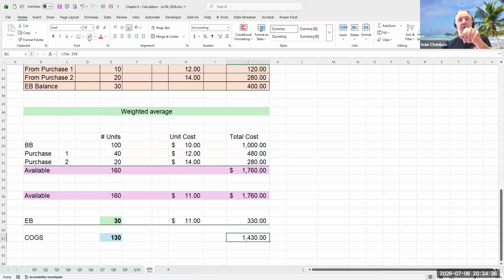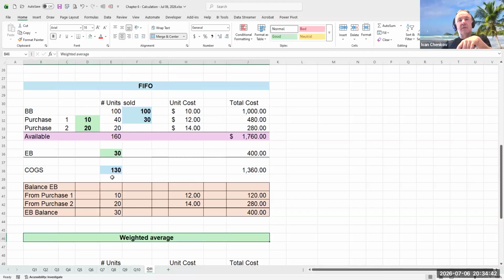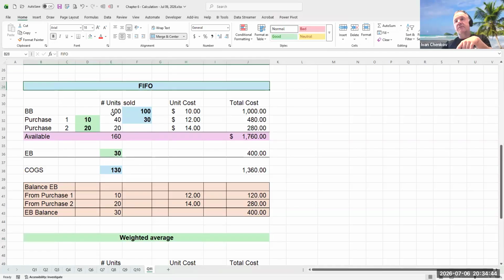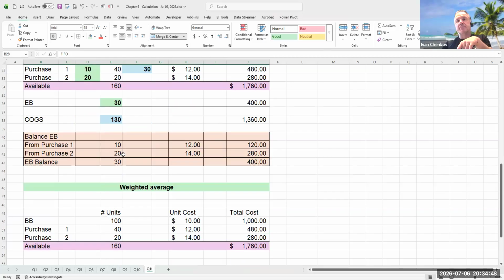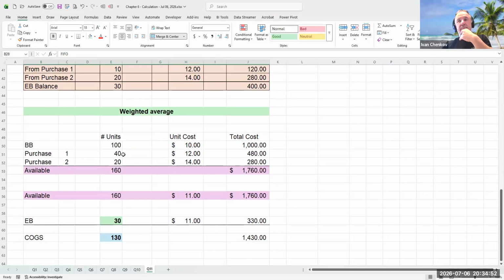So in that case, tell me which one is easier, weighted average on the periodic or first in first out on the periodic? Which one is the easiest one?